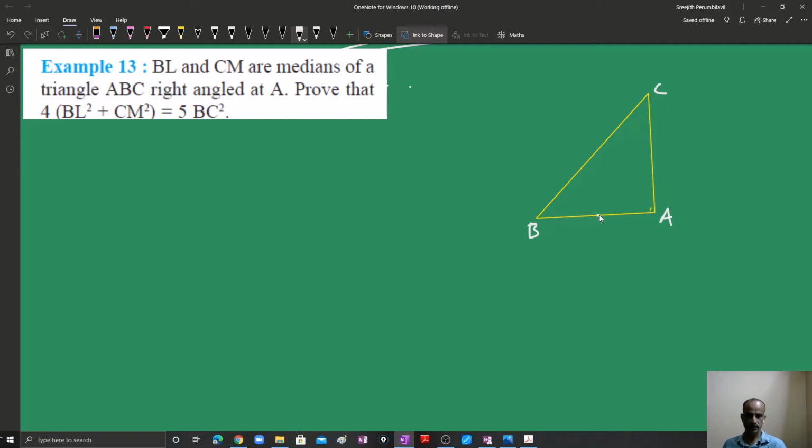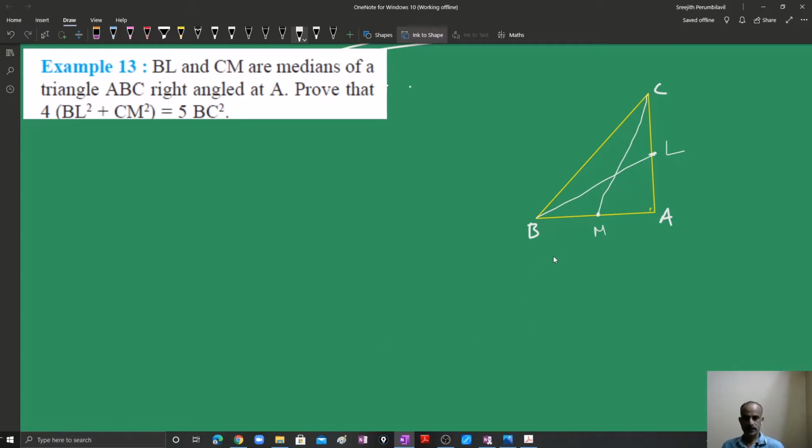Median means midpoint. L and M are midpoints. Very important question. Be careful with this question. Very simple as well.